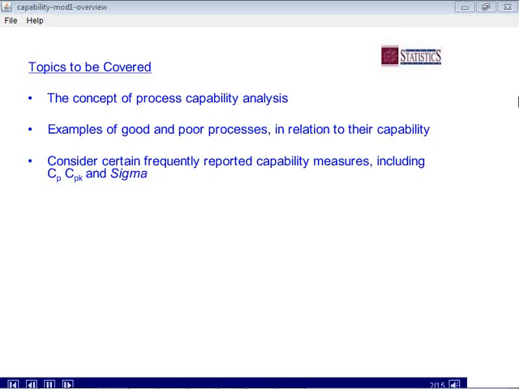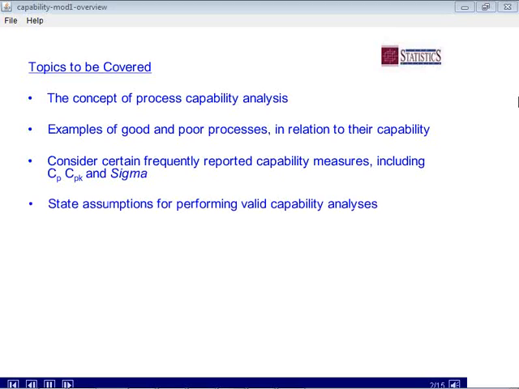Of course, in the Six Sigma methodology, one is typically required to report the capability, or at least an estimate of the process capability, both before and after a project has been completed. And one finds in such cases that the so-called Sigma capability estimate is required. So we're going to talk about that, but actually deal with it in much more detail in one of the later modules.